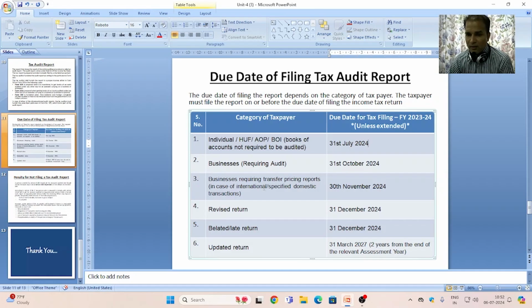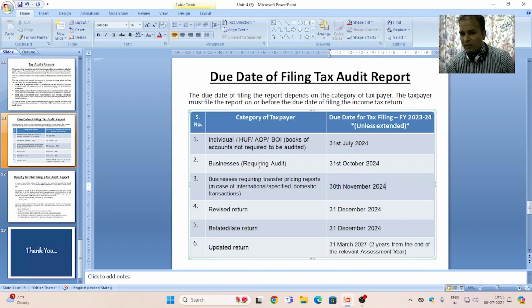Third category, businesses requiring transfer pricing reports in case of international or specified domestic transactions. Then the last date to file the tax audit report is 30th November 2024.